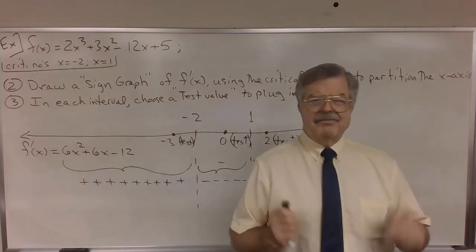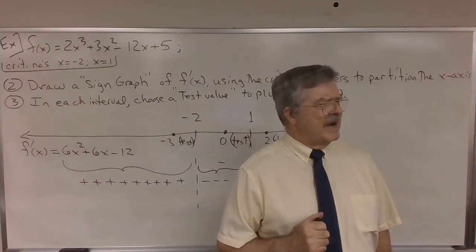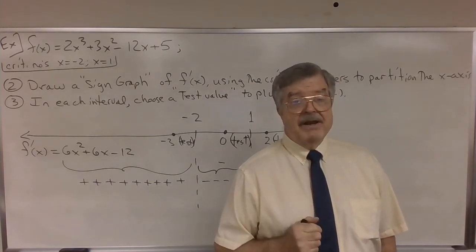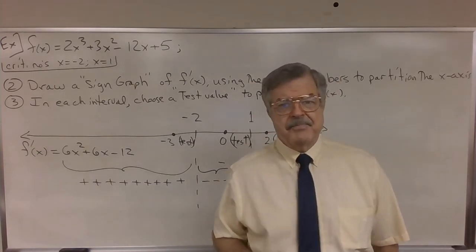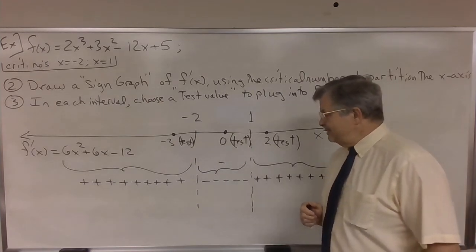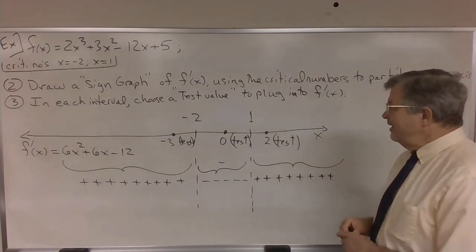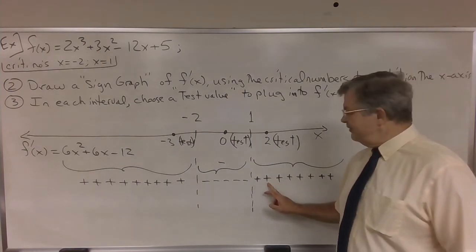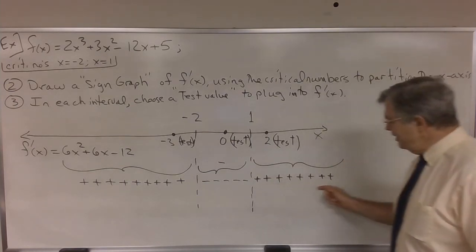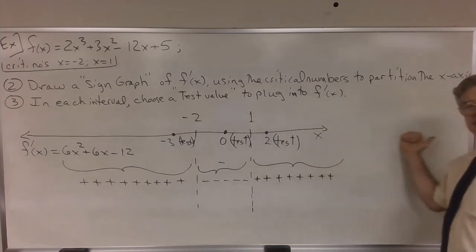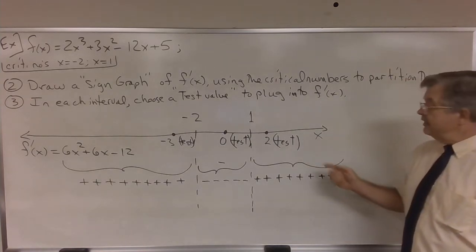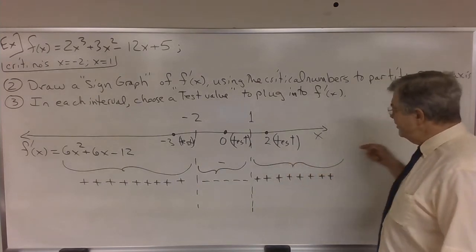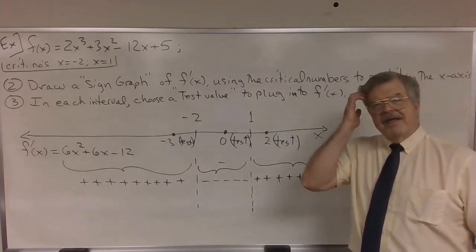I can't really explain why I feel that way, but I guess I better make sure I'm right before I go too far. When x is 2, the derivative is positive, and I just have this feeling that if we keep going this way, the derivative is going to stay positive. It's going to be positive for every value of x in this interval.